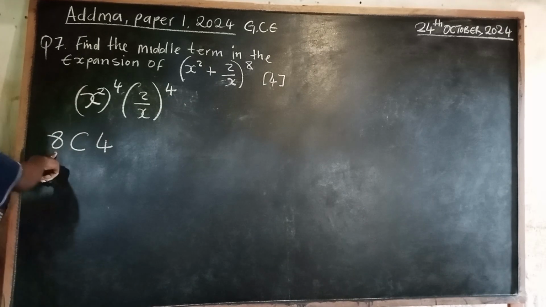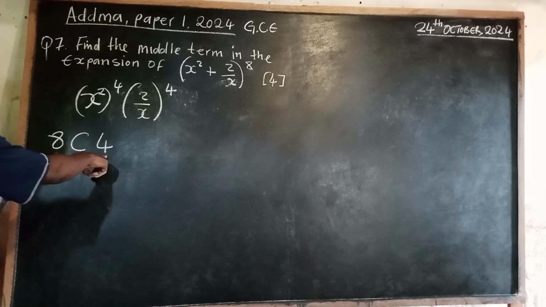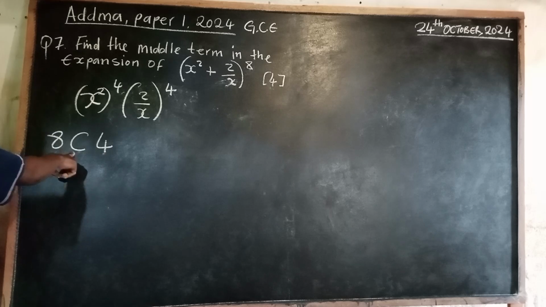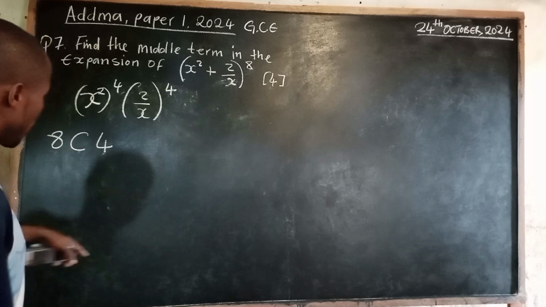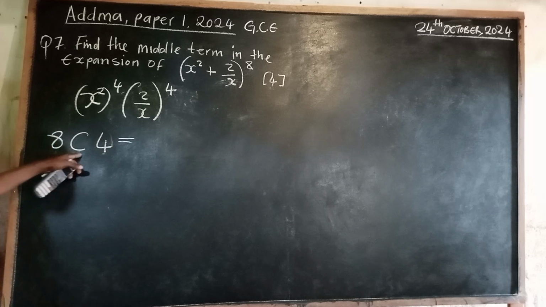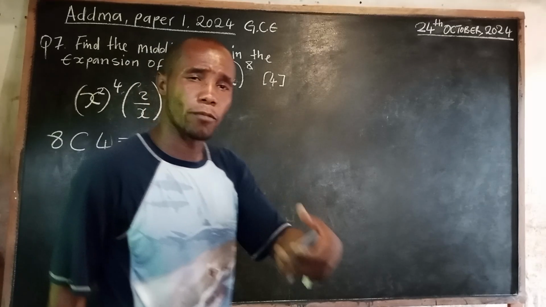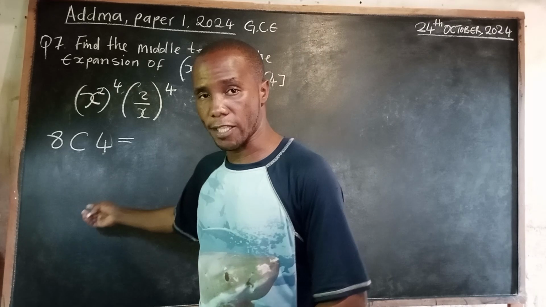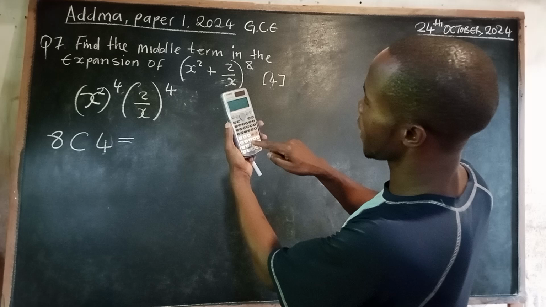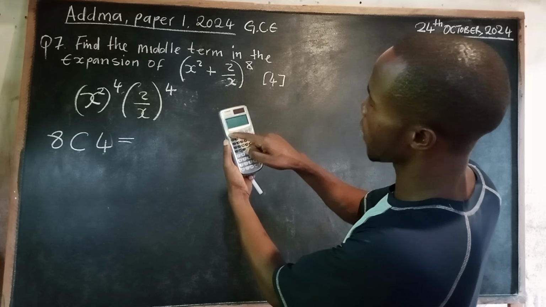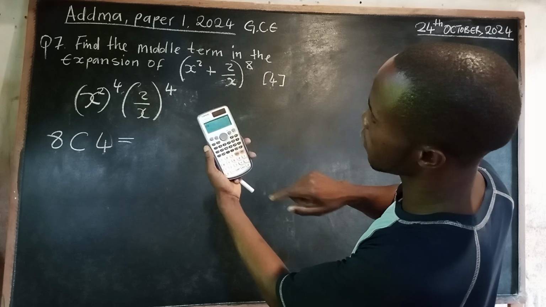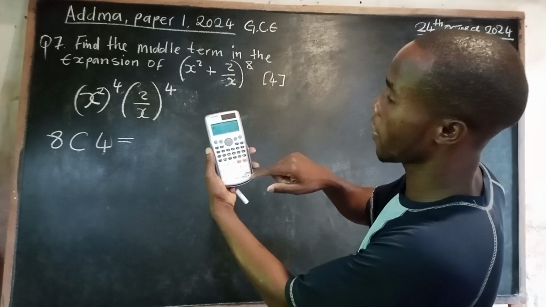So 8 combination 4. This C stands for combination. You can only find the answer of this expression if you have a calculator. You write 8, then shift, then find the combination key, depending on the calculator that you use.